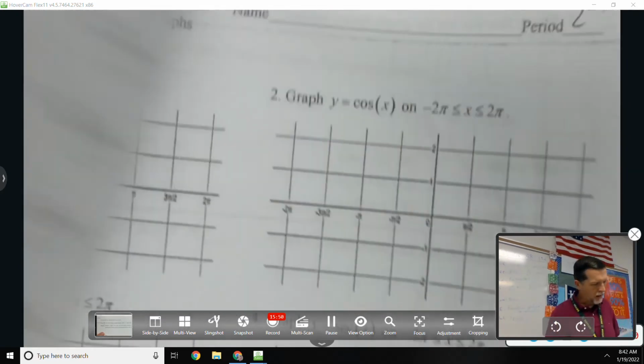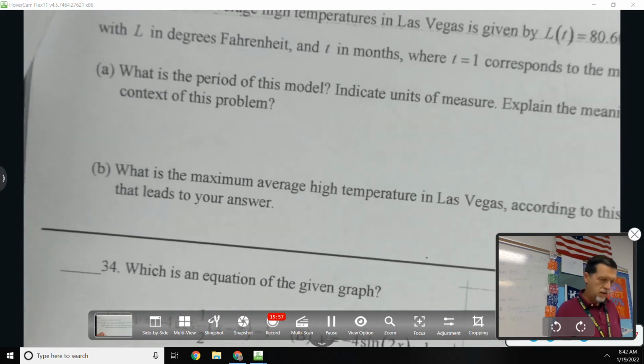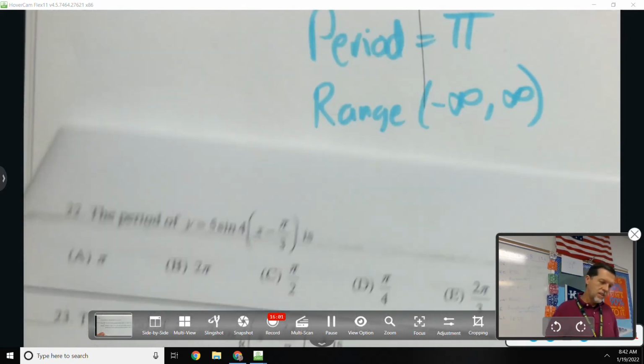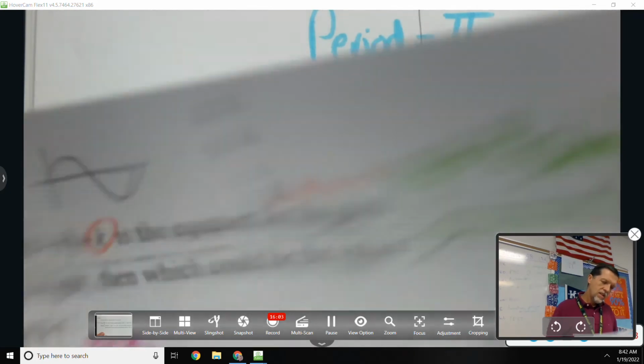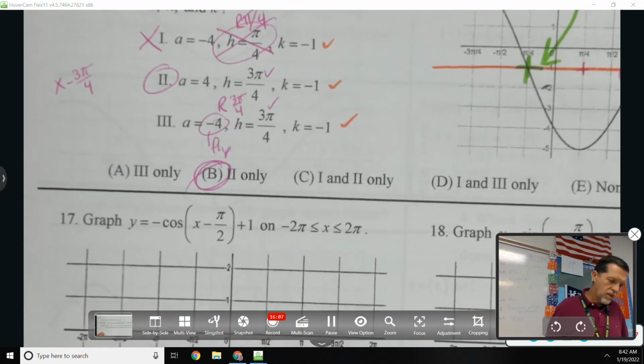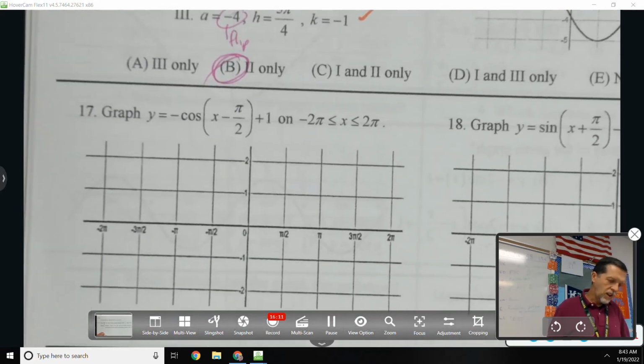The ones where you graph, or there's more graphs at the end here, I think. 30 through 32? Yes. So you got a preference on any of those? Either a cosine one or a tangent one. Okay, so let's do 17.